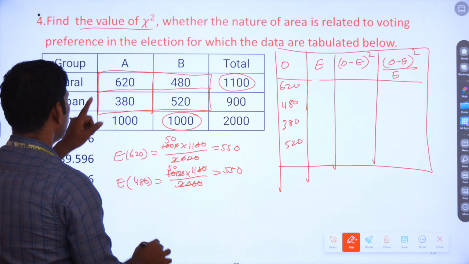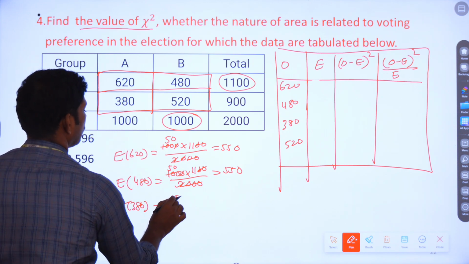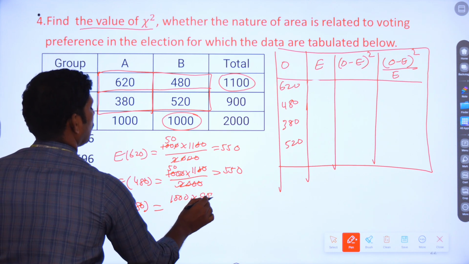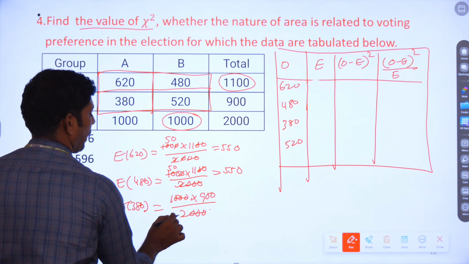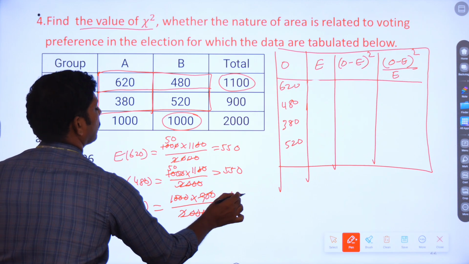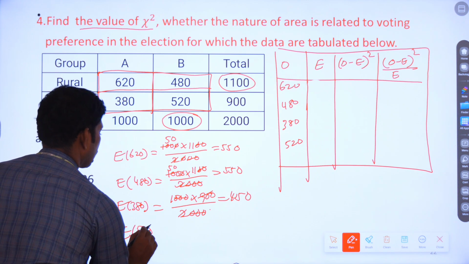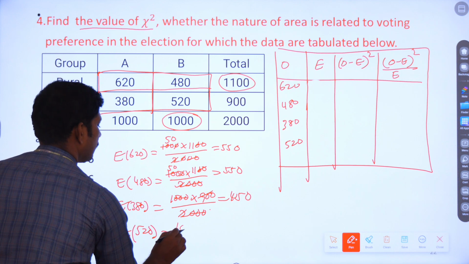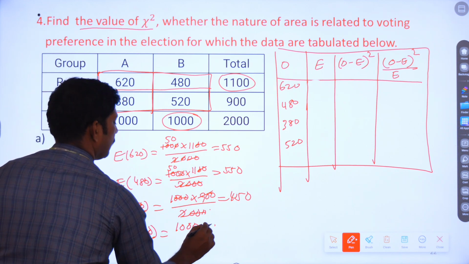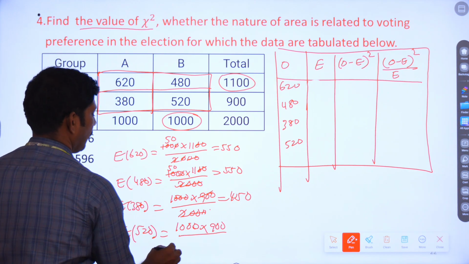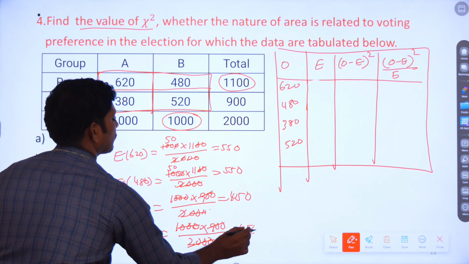Clearly 3 zeros get cancelled and we get the same answer as the previous, 550. Third, expected value of 380 is equal to column total 1000 into row total 900, divided by 2000. The 3 zeros get cancelled and it gives 450. Expected value of 520: column total 1000 and row total 900 again, divided by 2000, which gives the same answer, 450.